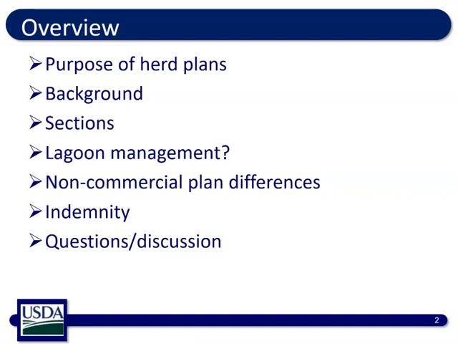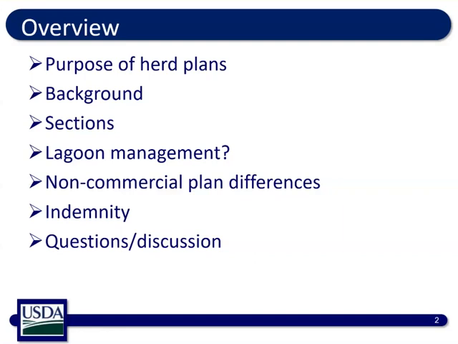So just an overview of what we'll go over today. We'll talk about the purpose of a herd plan and a little bit of background on herd plans, and then we'll go through the herd plan that we created section by section, just to talk through it and explain some of our thinking and rationale. We'll talk a little bit about potential issues with lagoon management, and then about a second ASF herd plan that we put together for non-commercial swine and some of the differences between the commercial and non-commercial versions.